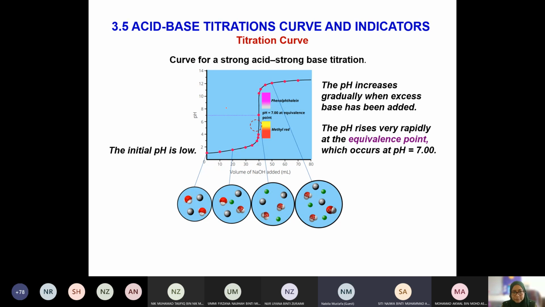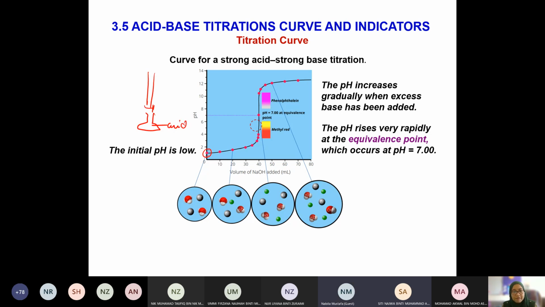Okay, alright. So this is for strong acid versus strong base titration. The initial pH is low. So this is the initial pH of the acid. That means before the added base. Again, the base is added. So ini kita boleh imagine dalam flask is the acid. Sebab apa?